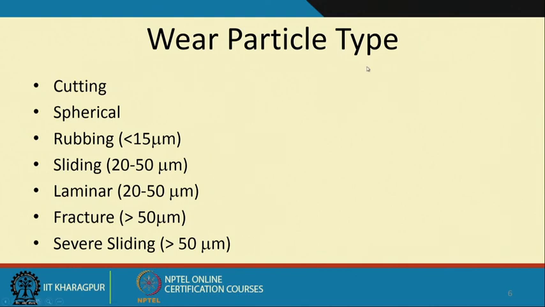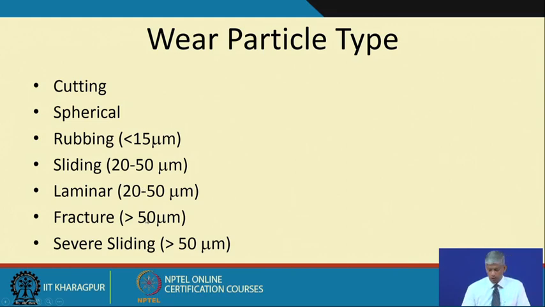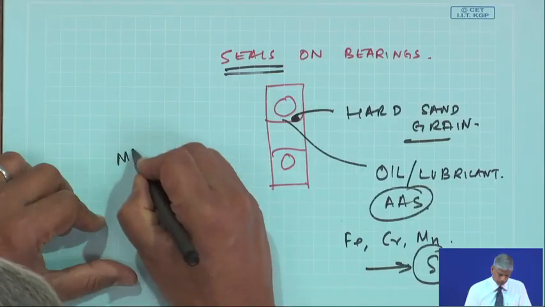So, depending on the wear particle type, there will be different sizes of these. Some are cutting, spherical, or rubbing wear. Typically, the sizes are very small. Maybe if you rub the oil in your hand, you will find that it feels rough. Okay. So, this roughness is because these wear particles are getting in the oil. So, to measure them we have to look under a microscope.